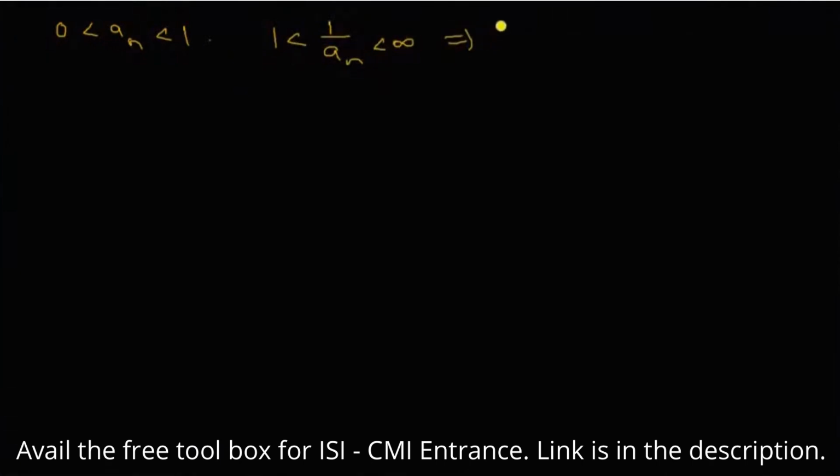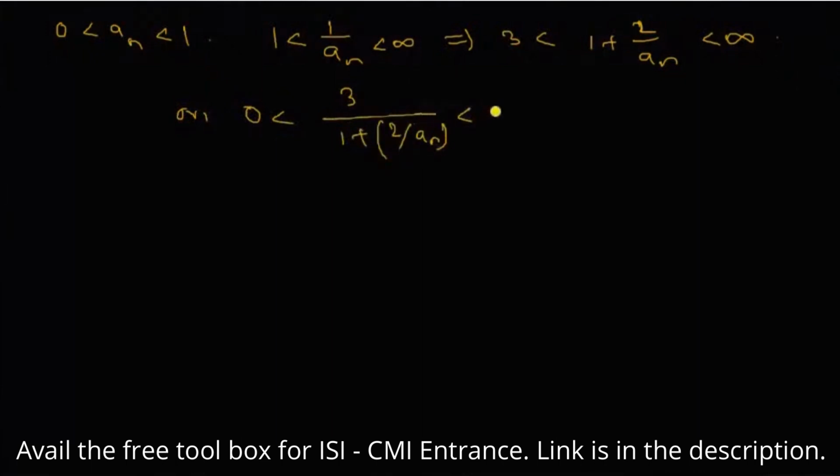This implies that 3 is less than 1 plus 2 by a_n is less than infinity, or 0 is less than 3 by 1 plus 2 by a_n is less than 1. Check this. This is a very simple calculation. So you get 0 less than a_(n+1) less than 1.